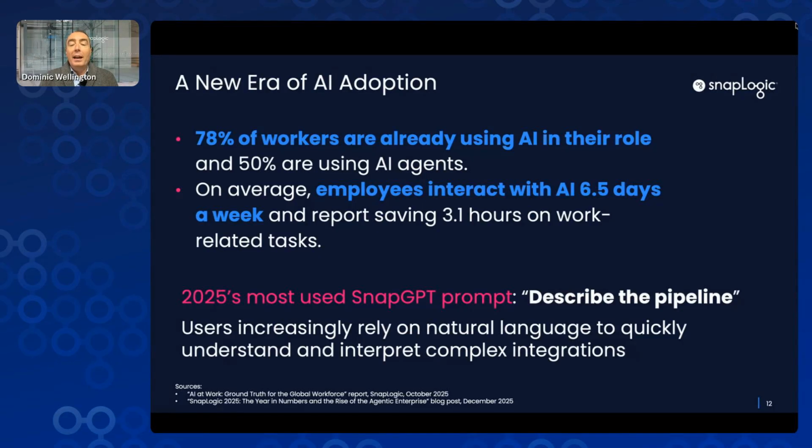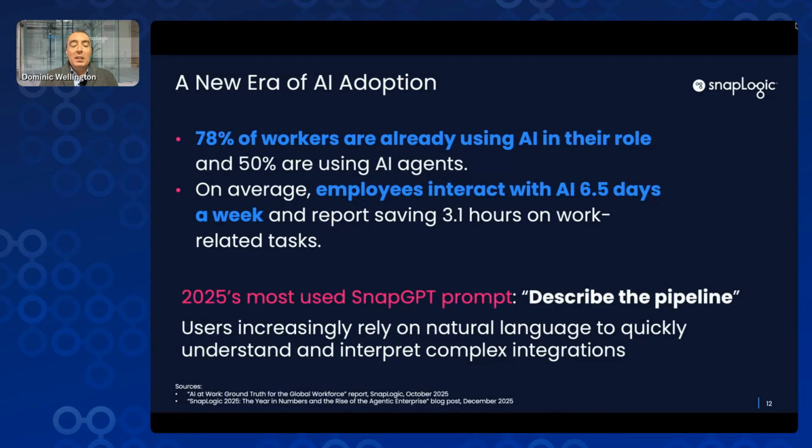They're reporting interacting with AI basically every day of the week and saving over 3 hours on work-related tasks by doing that. And we're seeing the transition from the early days of experimentation, poking at the tool to figure out what it could do, to actual day-to-day usefulness.